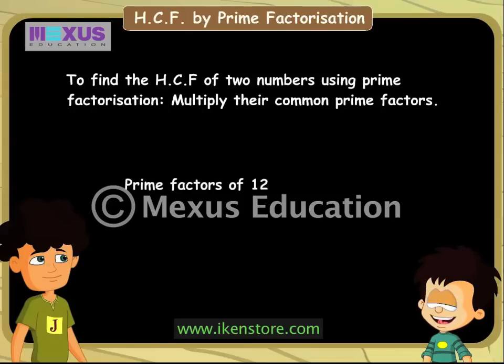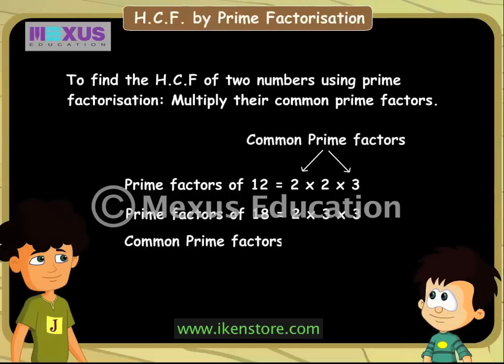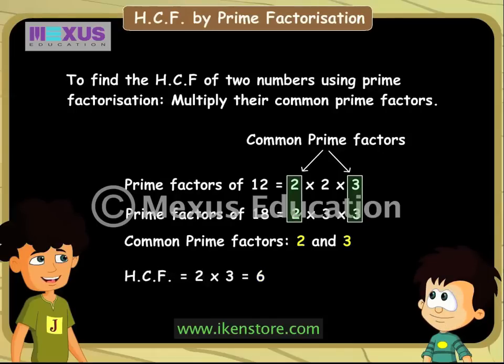The prime factors of 12 are 2, 2 and 3. And the prime factors of 18 are 2, 3 and 3. Their common factors are 2 and 3, so their HCF will be 2 multiplied by 3, that is 6.